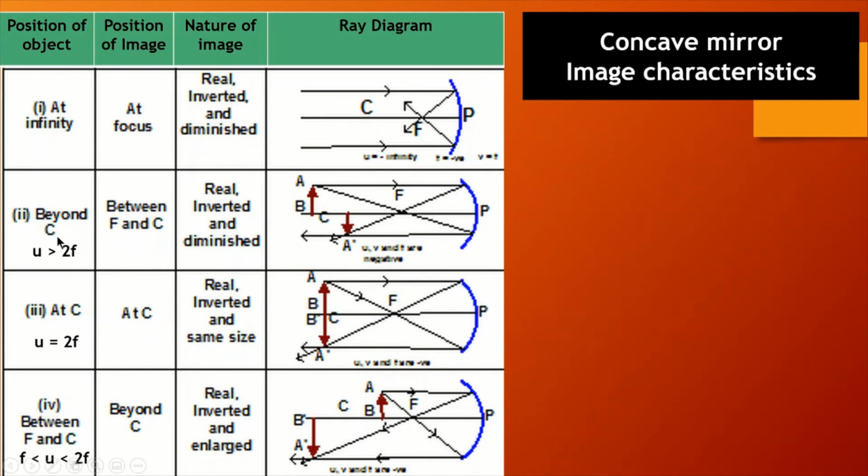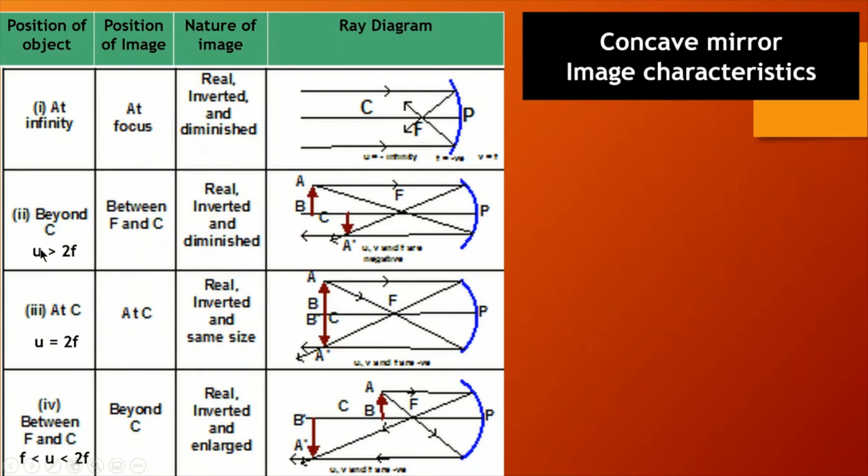And if the object is more than 2f, which is similar to at infinity, the image is same as at infinity. So real, inverted, and diminished. As you can see from the ray diagram here.